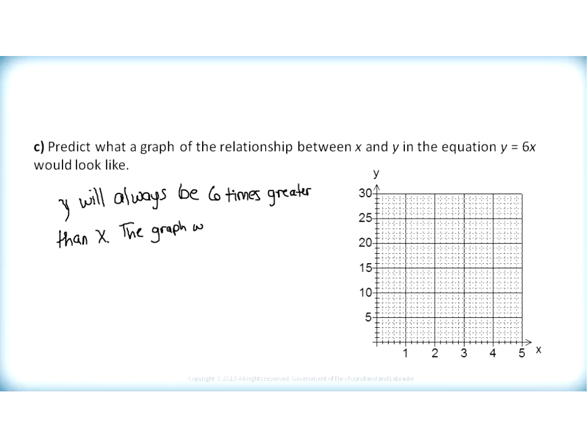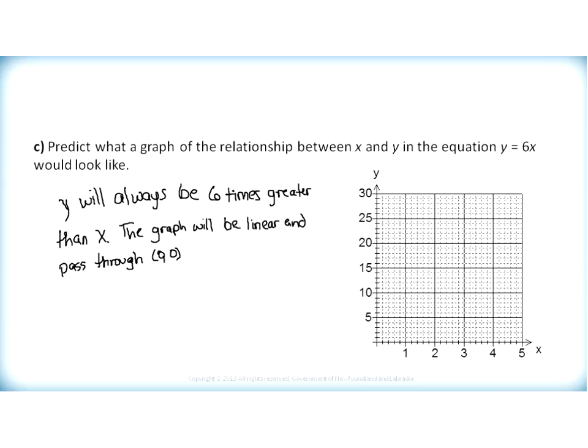The graph will be linear and pass through the origin, pass through 0, 0. Okay, so it's going to be linear and it's going to pass through 0, 0.